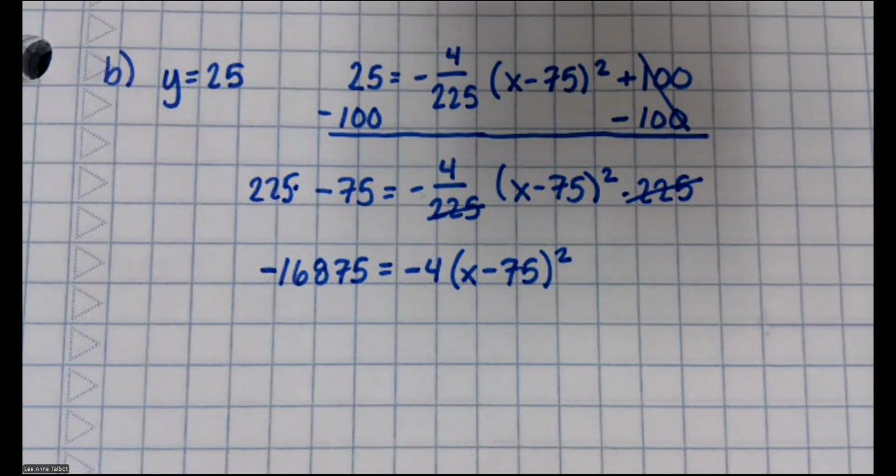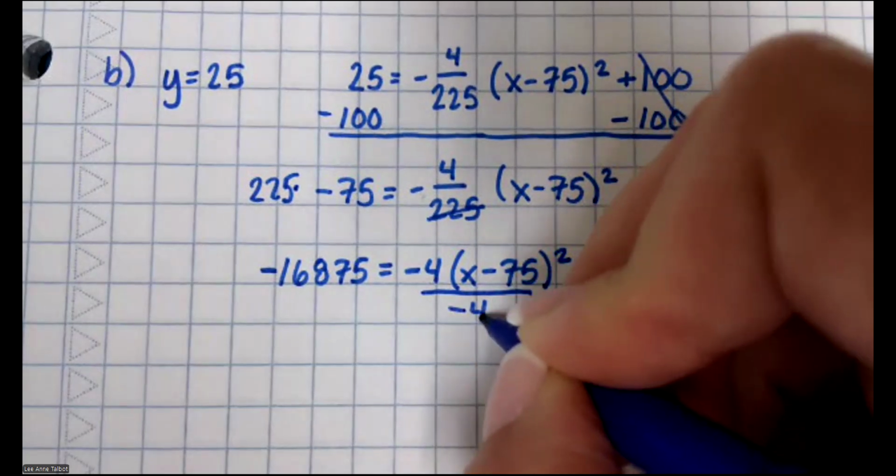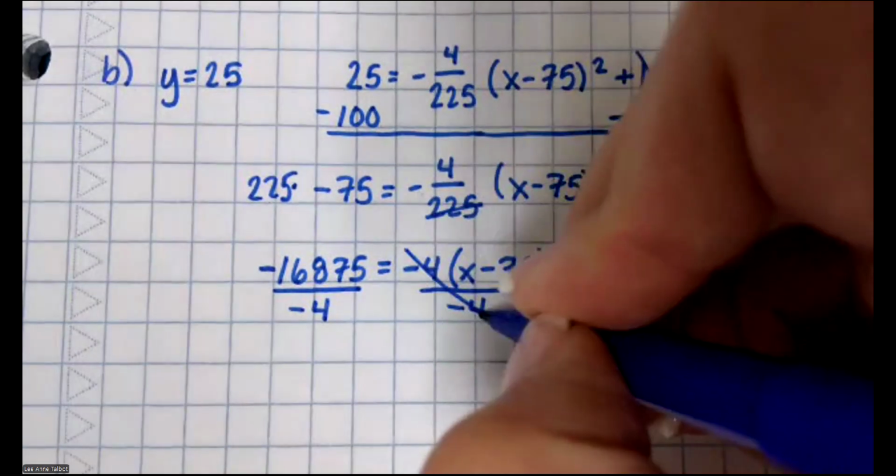It's spicy. I know, that's why we're doing it together. That's why I didn't want to let you do this one on your own. Okay, divide by -4. And this time we're going to have a decimal, and that's okay.